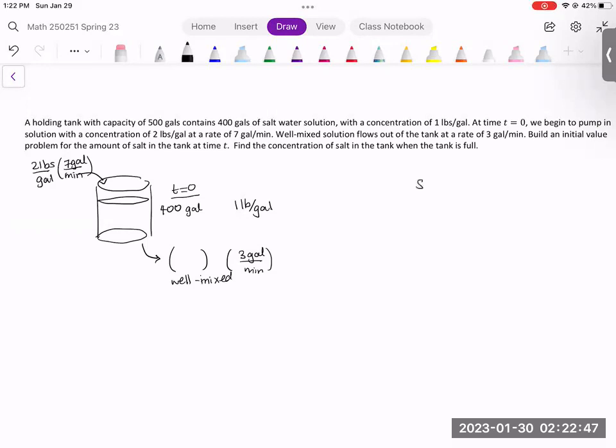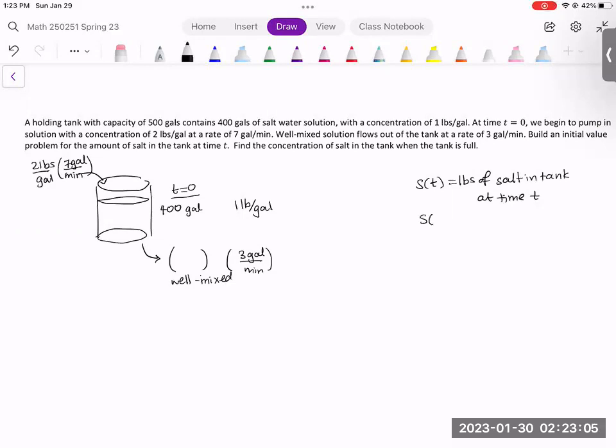So let's write down a couple of variable names. S of t is going to be the pounds of salt in the tank at time t. We have a little bit of information here.